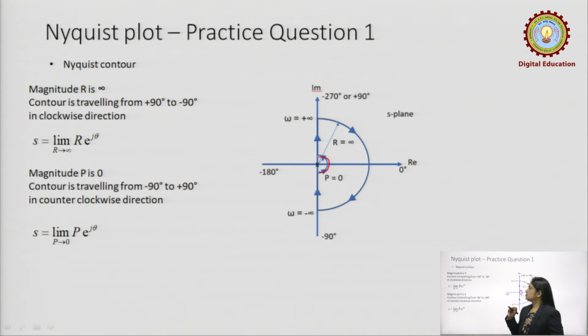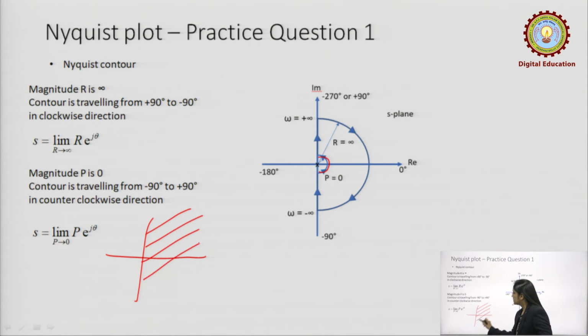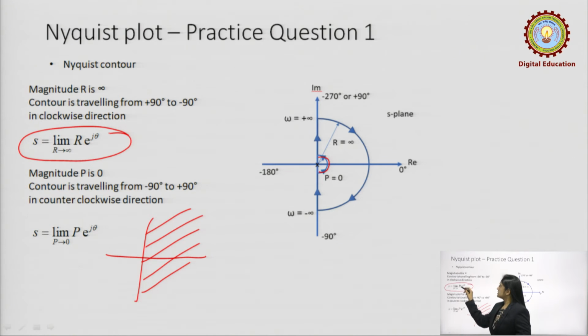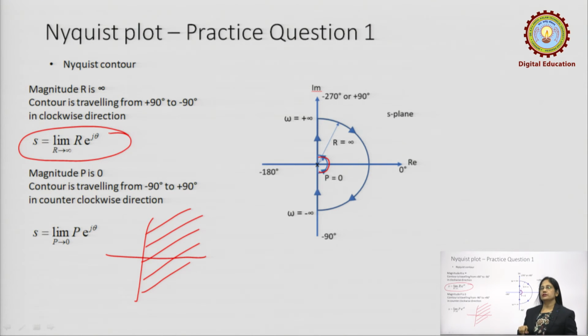The contour covering the complete right half S plane is mapped in the GH plane by substituting S with the limit r tends to infinity of r e raised to j theta, and this contour travels from plus 90 degrees to minus 90 degrees.